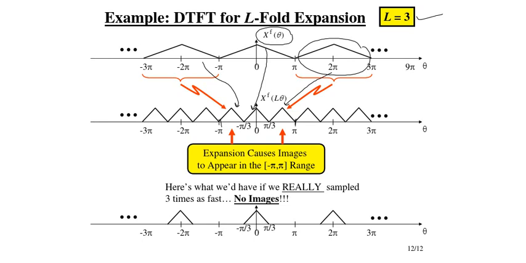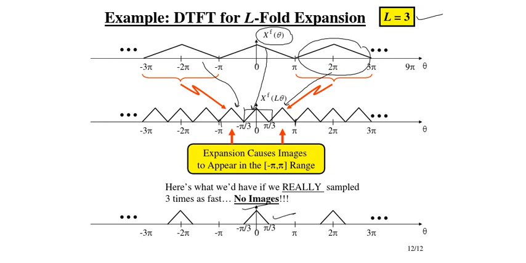Okay, now how can we actually remove those replicas? If we use some kind of filter of pi by L, then we can remove those replicas. So if you remove that, and if you see the original signal after passing the interpolated output through a filter, what is happening here?